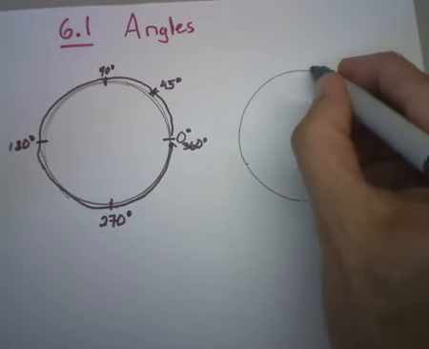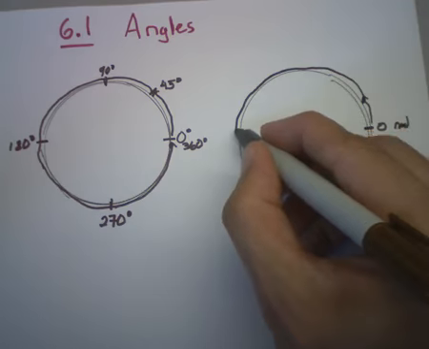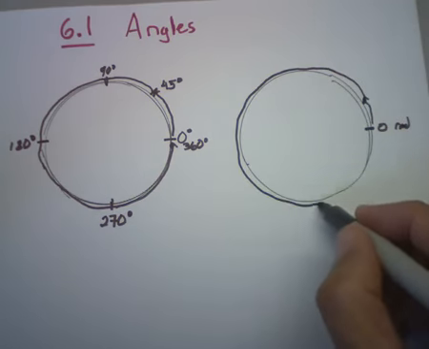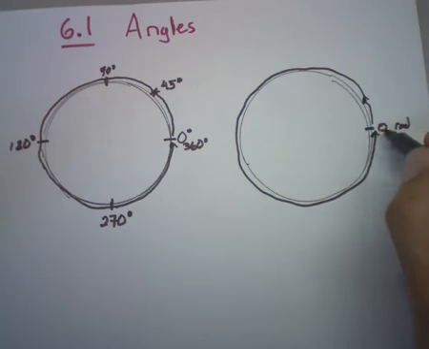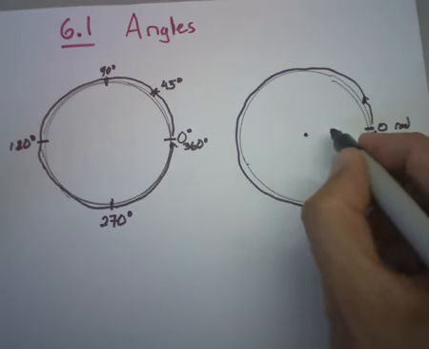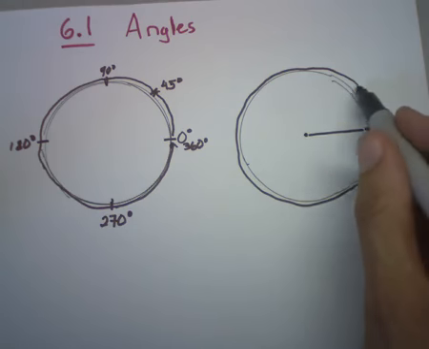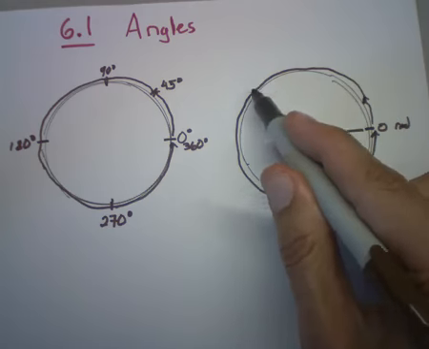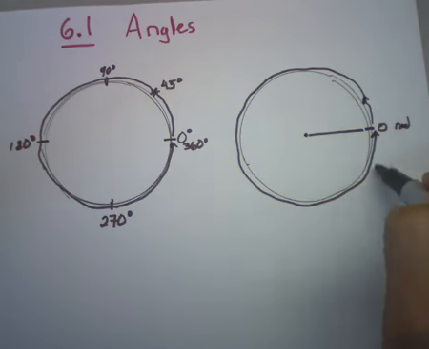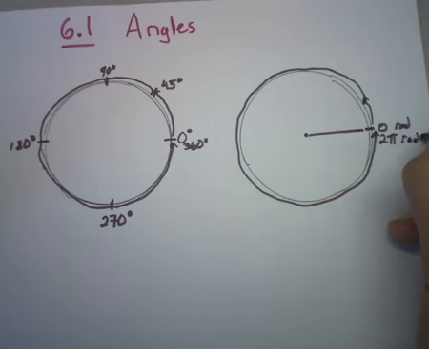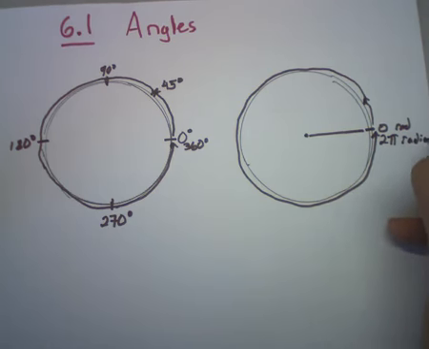And radians are actually based on the length of a radius. So however long this is, that's 1 radian as you walk around the edge of the circle. And it turns out that if you walk all the way around the circle, you will have gone exactly 2 pi radians.